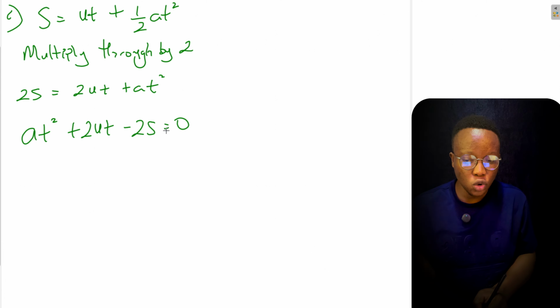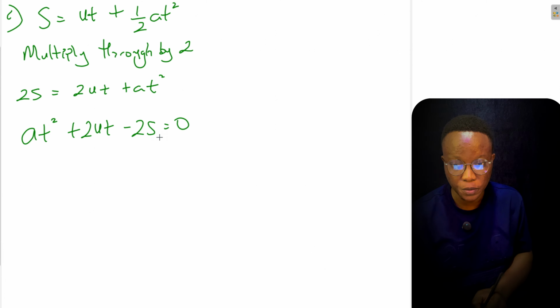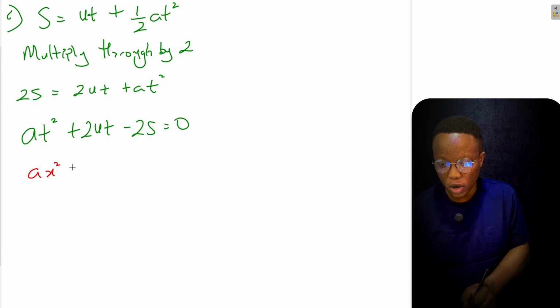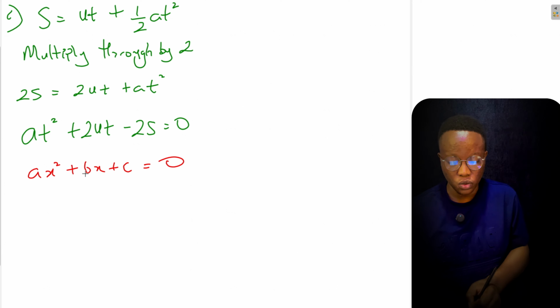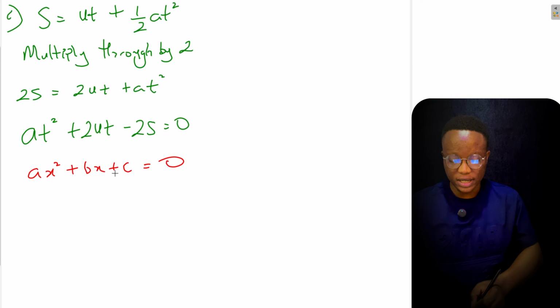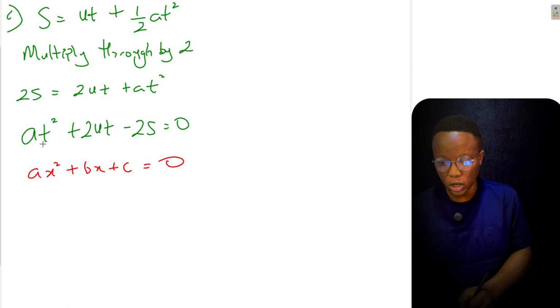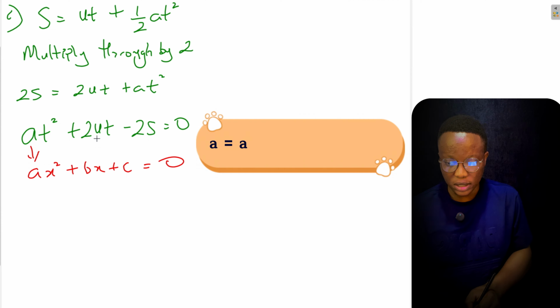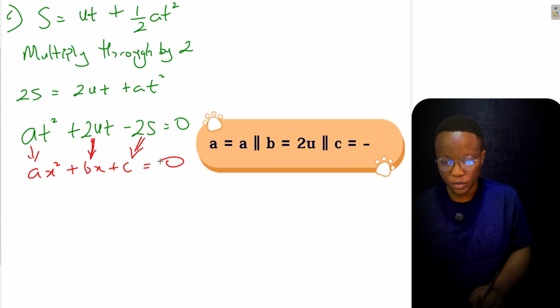it looks like a quadratic equation. Remember this, ax squared plus bx plus c is equal to 0. So they look alike. We have a for this, 2u for b, and negative 2s for c.